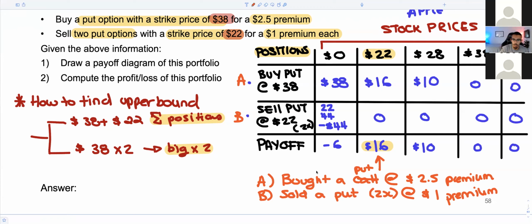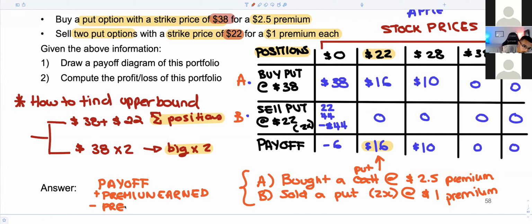So if we want to compute our profit, all that you have to do is do payoff plus premium earned minus premium paid.